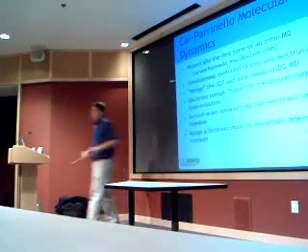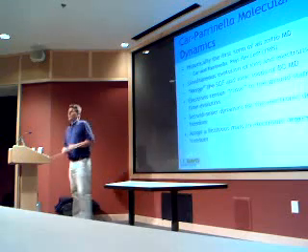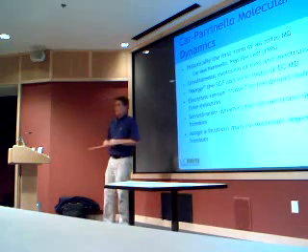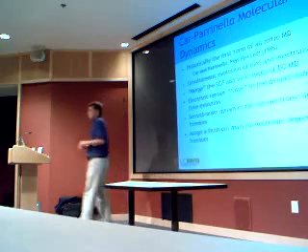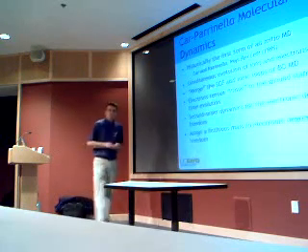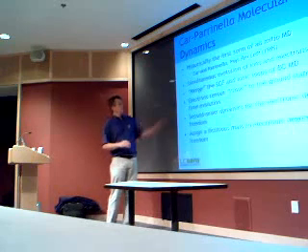Parrinello molecular dynamics was actually historically the first form of ab initio molecular dynamics. Born-Oppenheimer was really used later, and one reason is that it's a little bit more expensive computationally to do Born-Oppenheimer molecular dynamics.